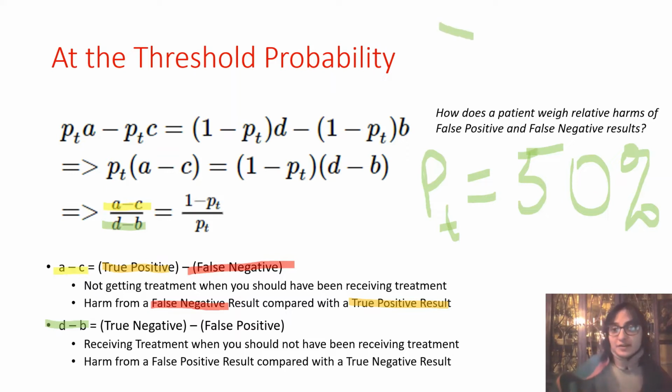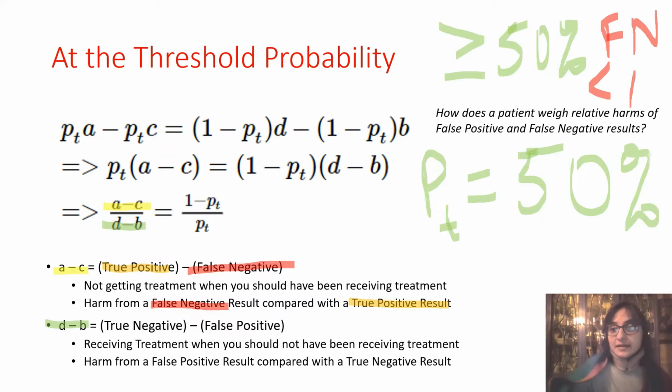If it is greater than 50%, a false negative is less bad than a false positive. If my probability threshold is more than maybe 80%, that means I really don't want to make a false positive. I want to be super sure I'm going for cancer treatment. But what we typically observe is that many people might go for cancer treatment even if the predicted probability is like 40%.